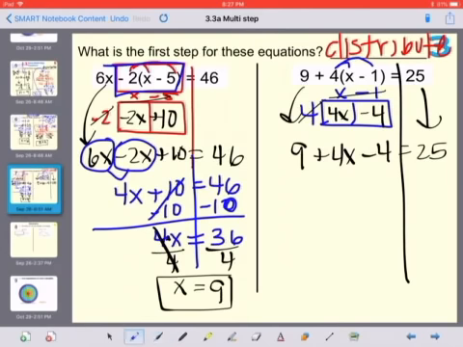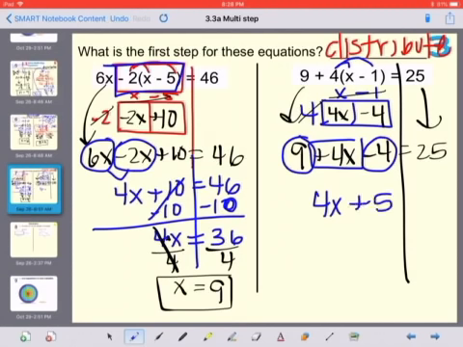So let's combine our like terms. This is the only term that has an x, so we have 4x. But then we have 9 and a negative 4. 9 minus 4 is 5, a positive 5. And then we just have a two-step equation.